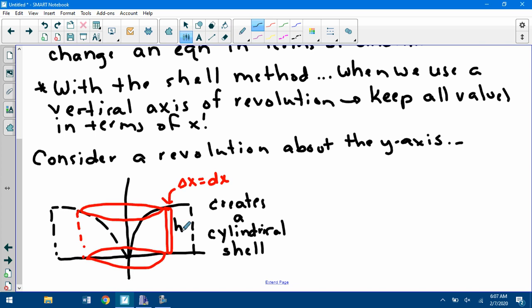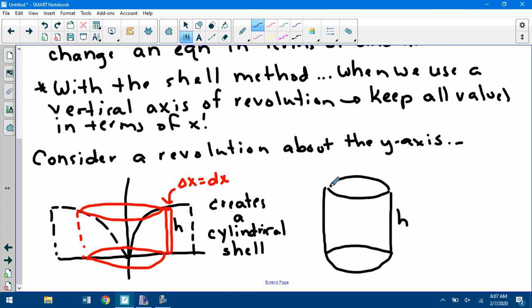Here's the height of my shell. So if I draw one cross section of it, there's my height. As I rotate around, it creates the cylinder. And since that rectangle had some sort of width to it, your cylinder has a little width to it as well.